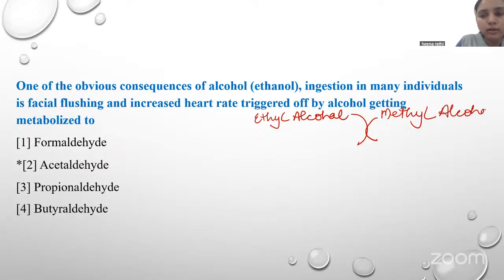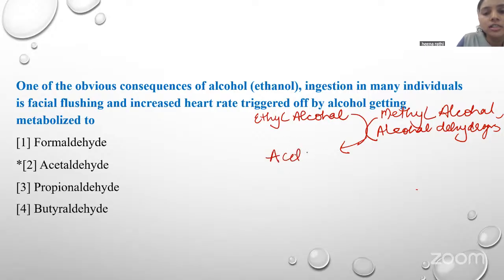So for the metabolism of ethyl and methyl alcohol, we need alcohol dehydrogenase enzyme. When this enzyme is there, it is going to metabolize ethyl alcohol into acetaldehyde and methyl alcohol into formaldehyde.